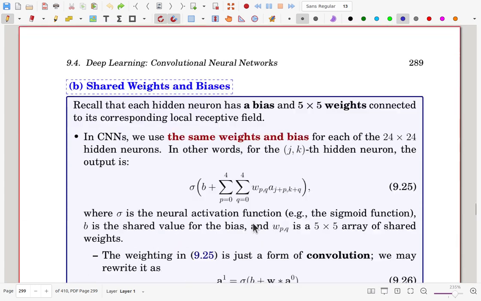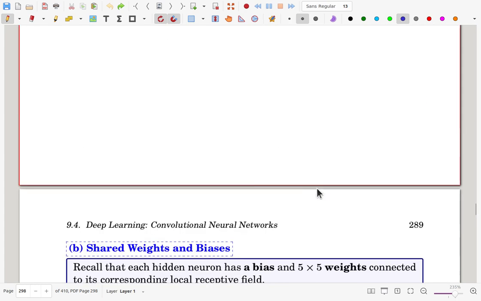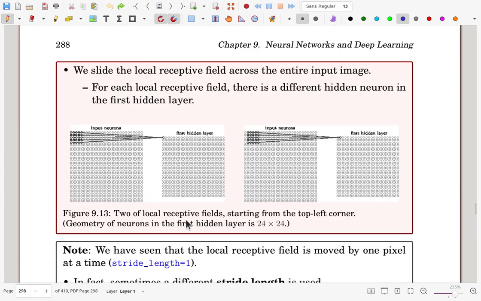Okay, now shared weights and biases. We'll go back to the picture again. Right now, there is a connection from this small region to the unit here, and again from this region to the next unit.